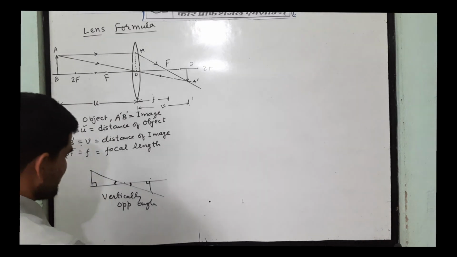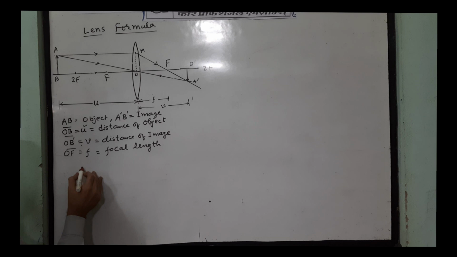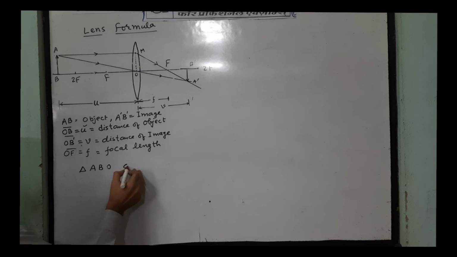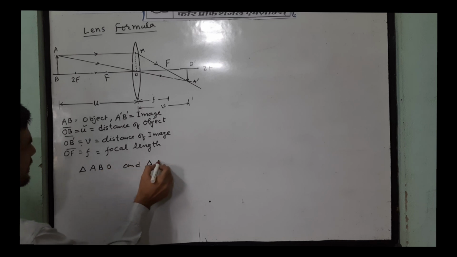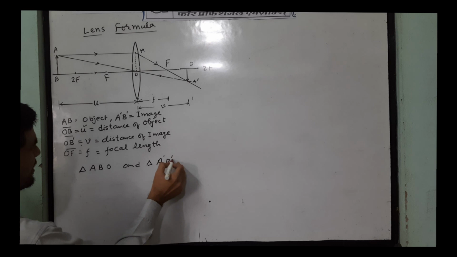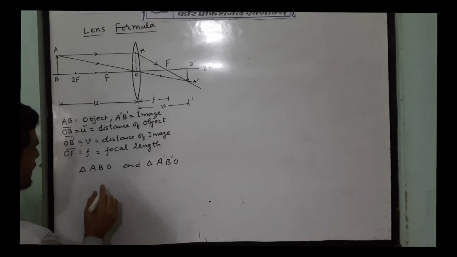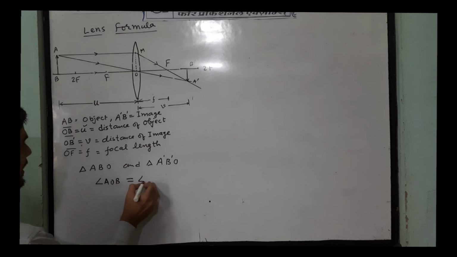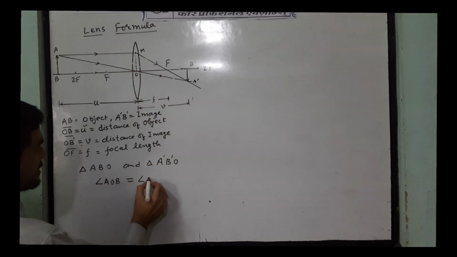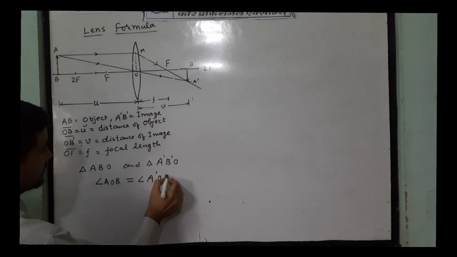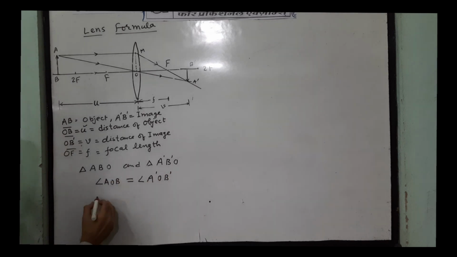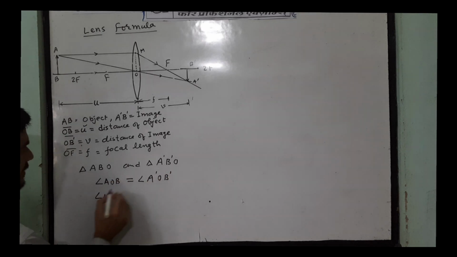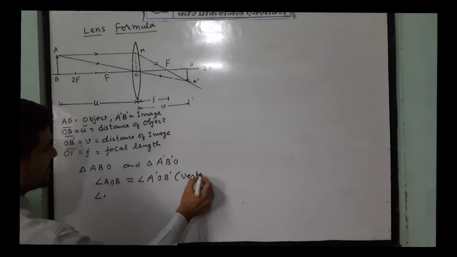Clear? So we will use this concept here. See, triangle ABO and triangle A prime B prime O. Angle AOB is equal to angle A prime OB prime. Clear? And that is the vertically opposite angle.